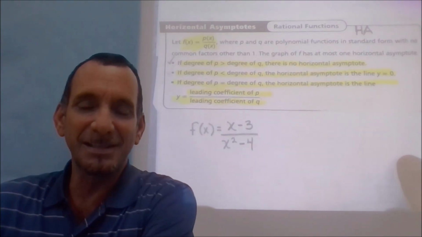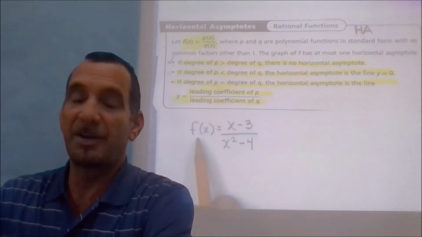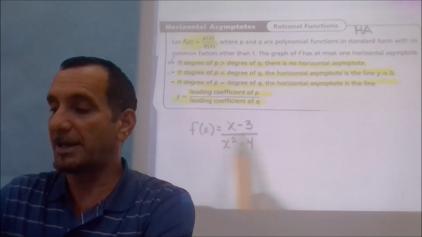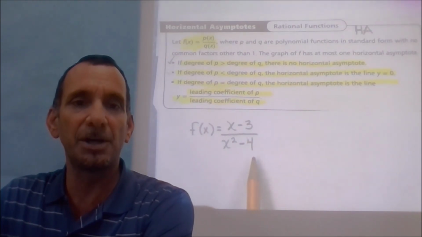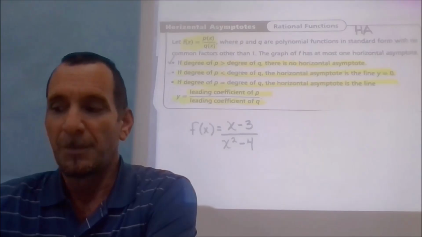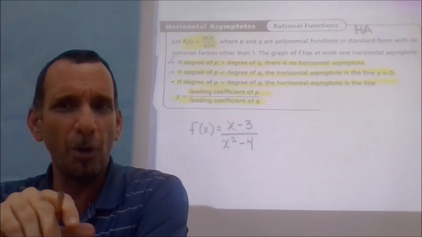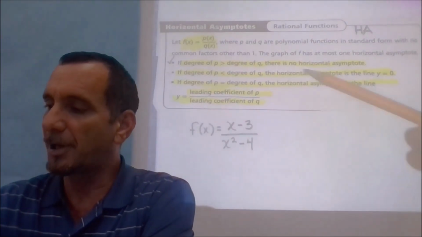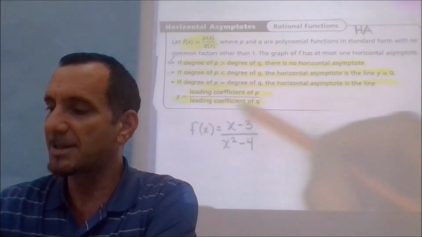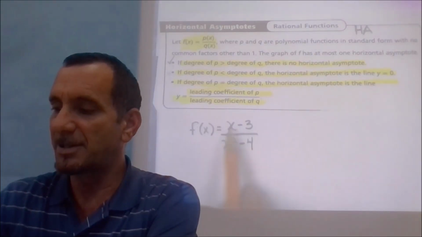Now let's look at this second situation where we have a function f of x equals x minus 3 over x squared minus 4. Of course, I know I'm going to be able to factor that denominator, but before I do that, let's look and see which one of these matches this situation.